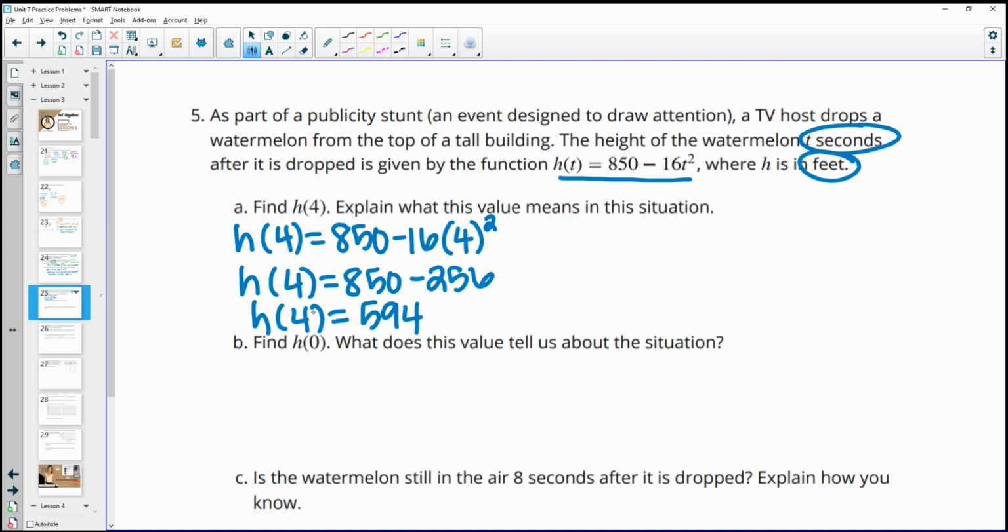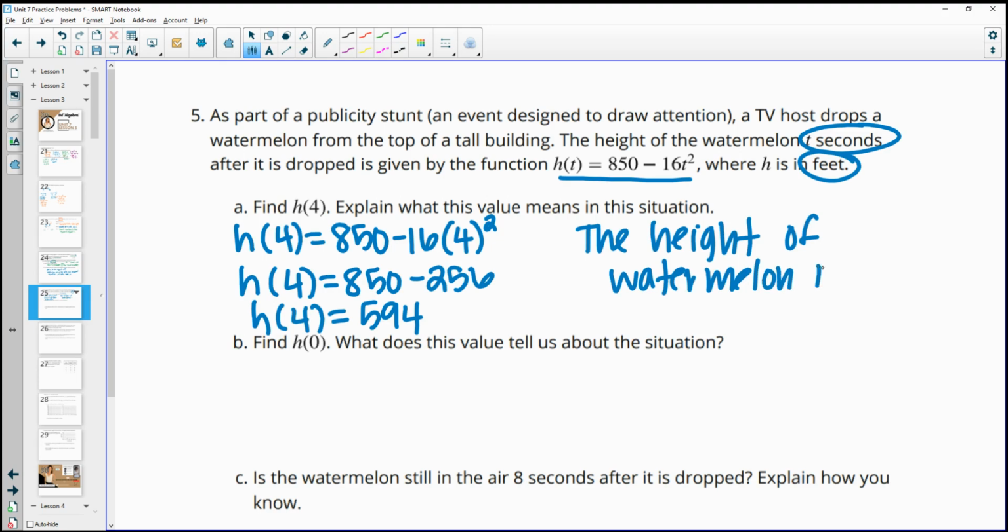So this is giving us a time of 4 seconds and the height of the watermelon. So this means that the height of the watermelon is 594 feet after 4 seconds.